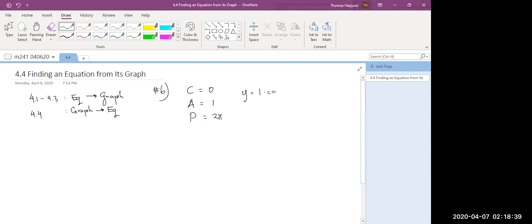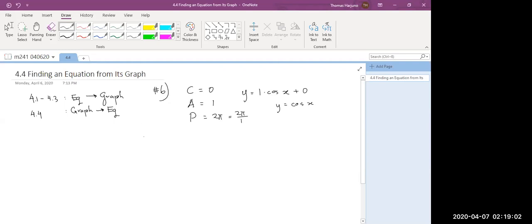Cosine. The period is 2 pi, so the coefficient of the angle will be 1. So this is cosine x, and because the center is 0, that's plus 0. In other words, y equals cosine x only.